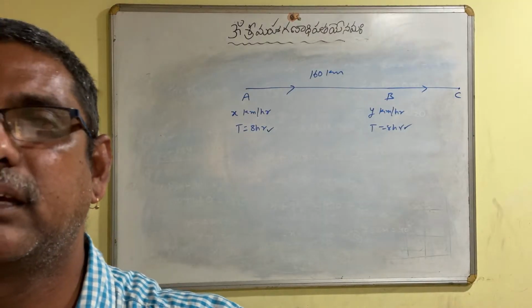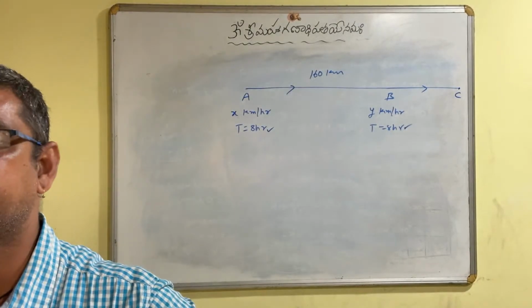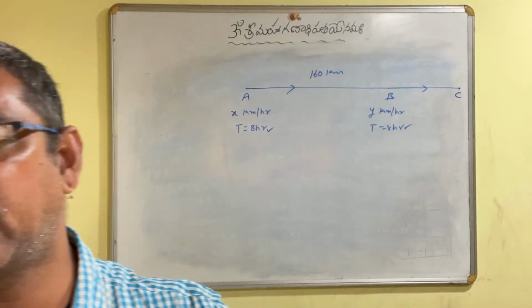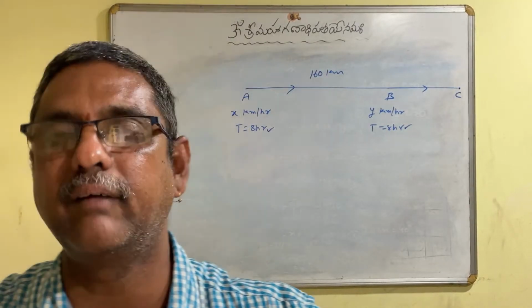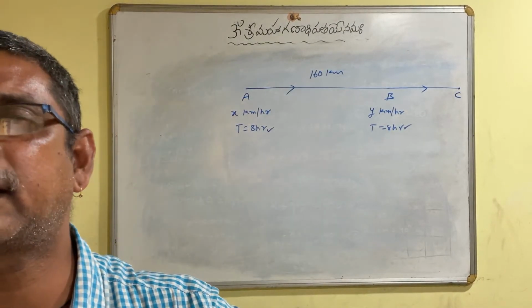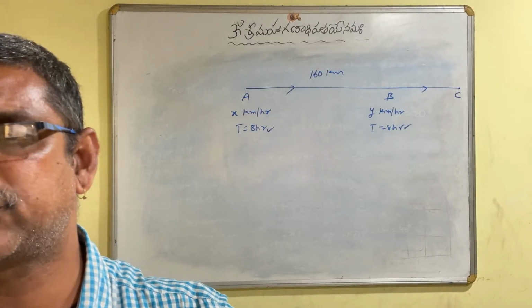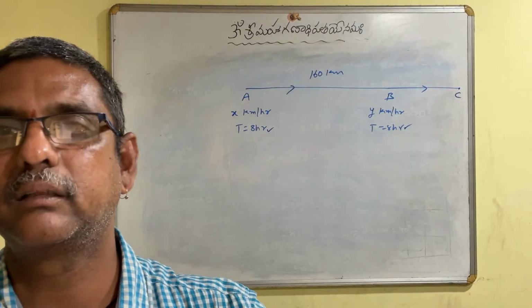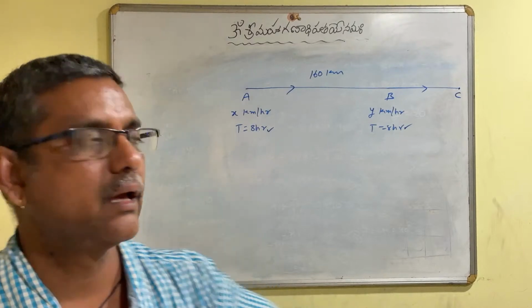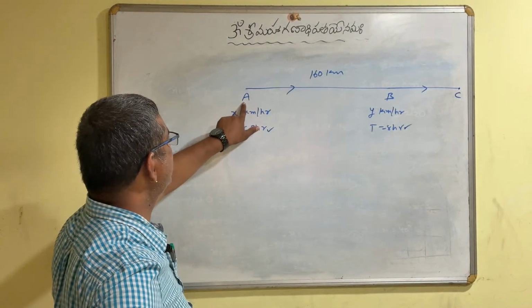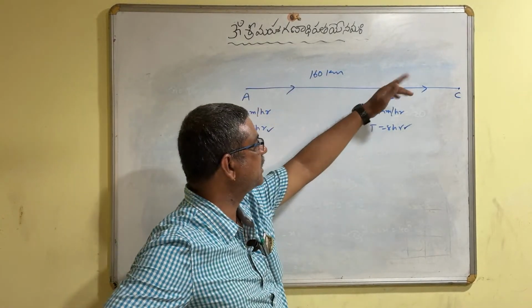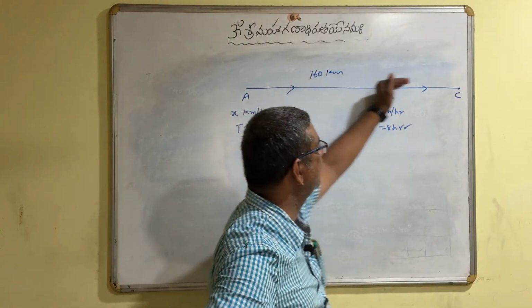What is the speed of the car? First car, x kilometers per hour. Speed of the second car, y kilometers per hour. Both are traveling in the same direction. That means car starting from A is traveling in this direction and B is also traveling in this direction.